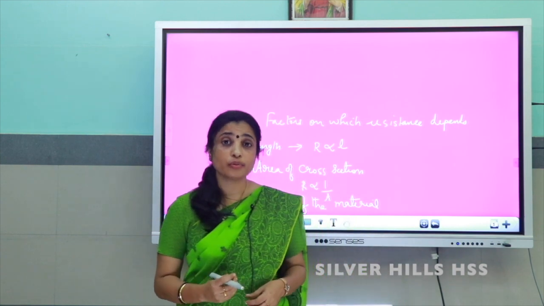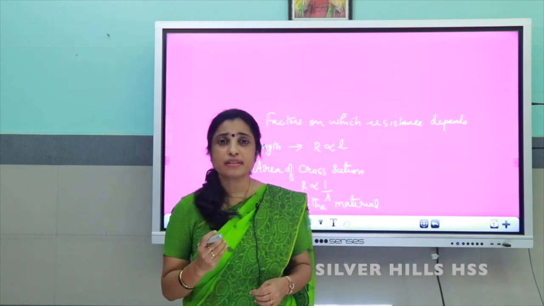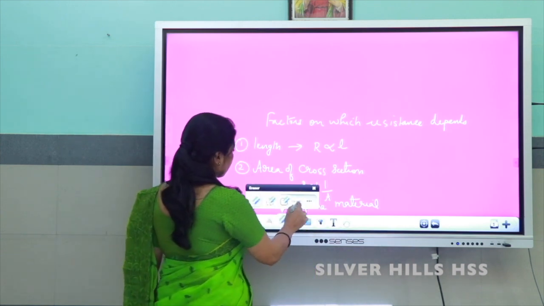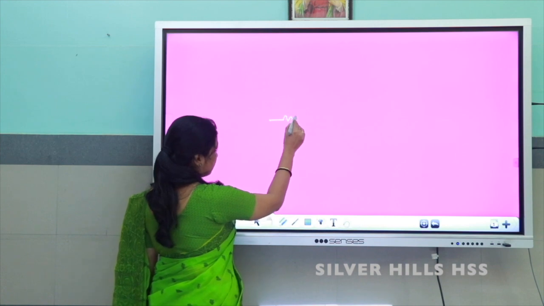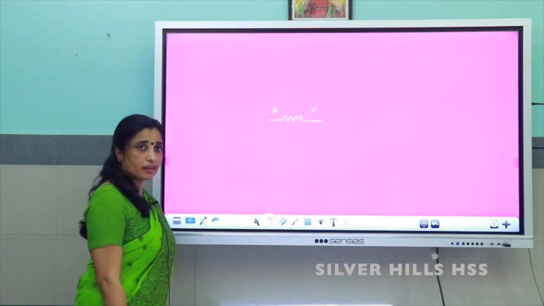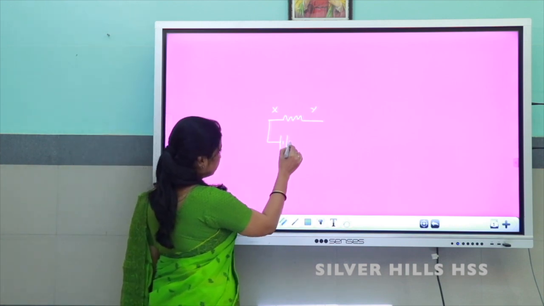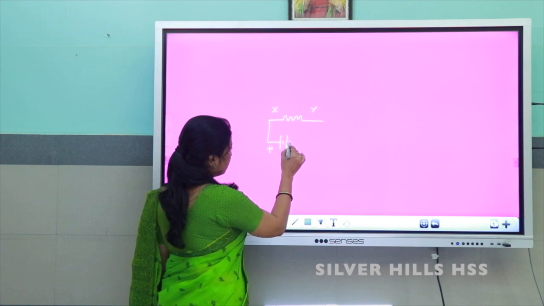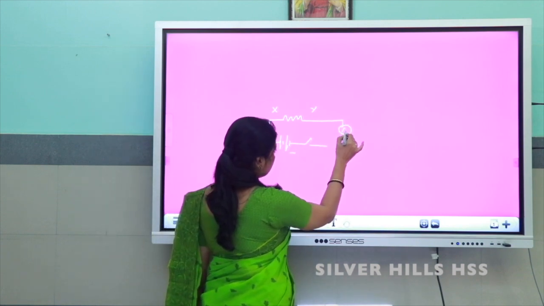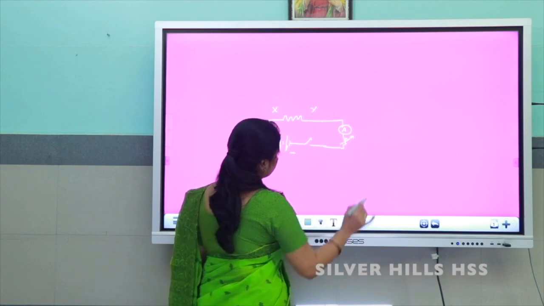Now let us see how Ohm's law is verified. You have a very simple circuit to verify Ohm's law. You have a conductor, let me name it XY. XY is a conductor which is connected to a battery. This is connected to a key, then here you have an ammeter and then a rheostat.